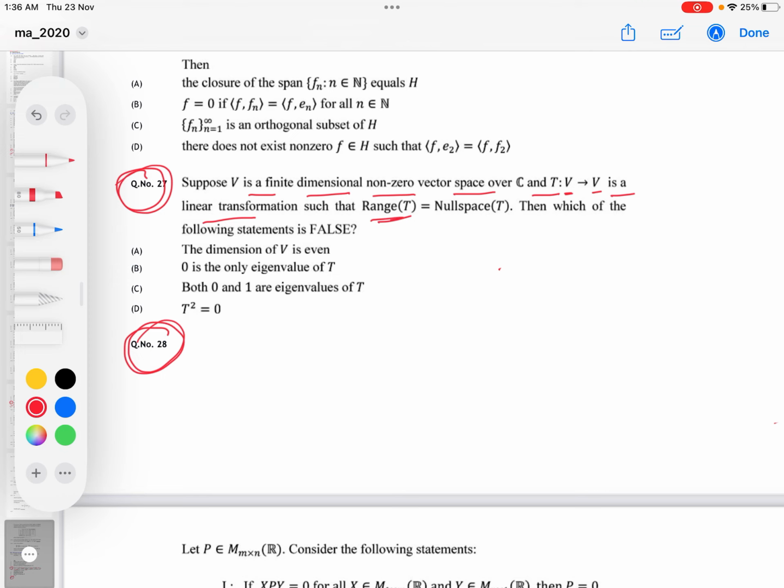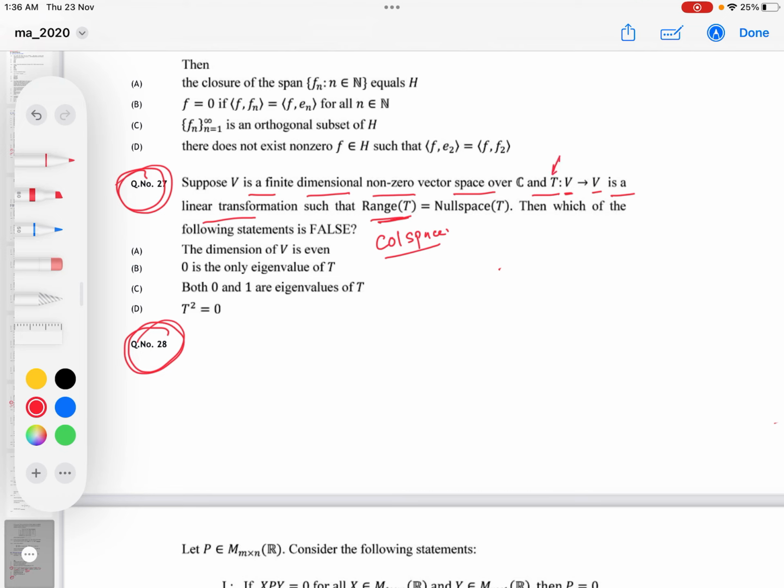Although we do not have linear transformation in our syllabus, we can look at it such that the range of T, for any matrix, is nothing but the column space, right? So the transformation is happening in such a way.